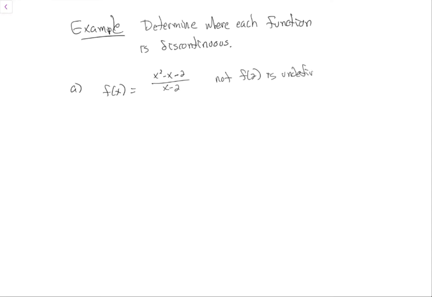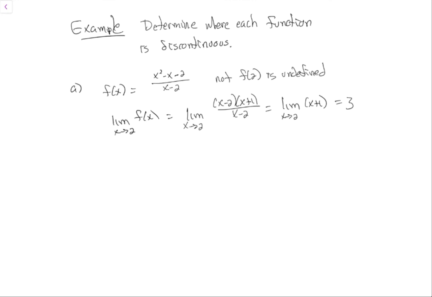Now, just for the sake of completeness, what would the limit of f as x approaches 2 end up being? In this case, the numerator factors x minus 2 times x plus 1. So just like we saw in the prior section, that discontinuity removes itself, and what we're getting is 3.